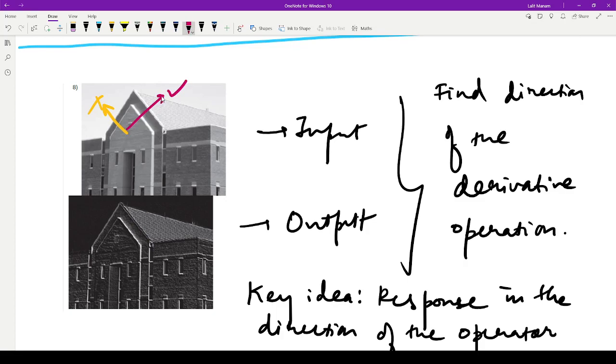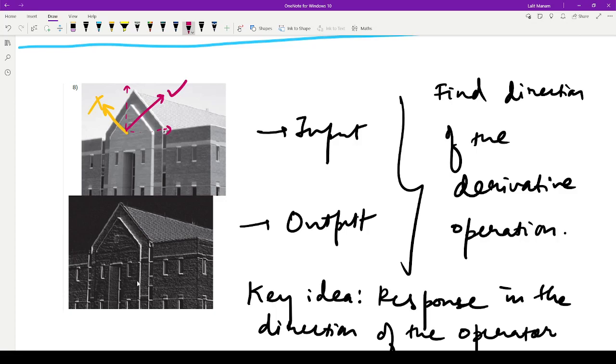So this direction will have projection in which directions? One here and one here. So probably this direction could also be the answer. Now you have to see which vertical edges are strong and which horizontal edges are strong. So this horizontal edge is not as strong as this one.